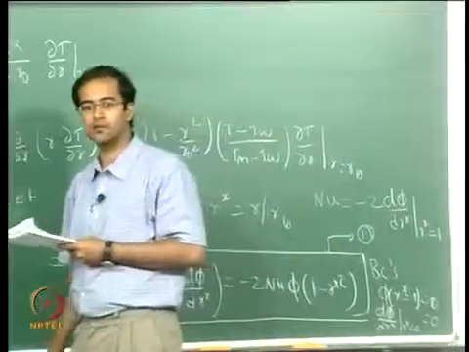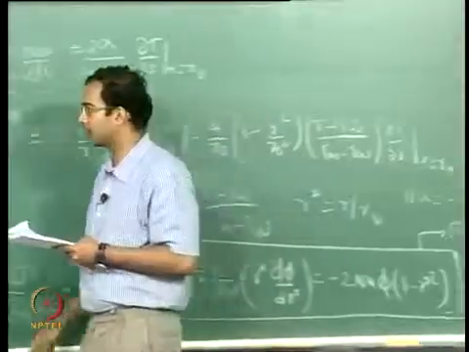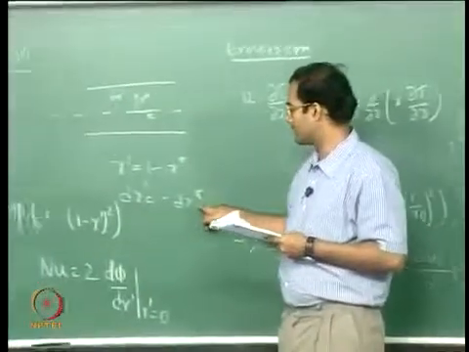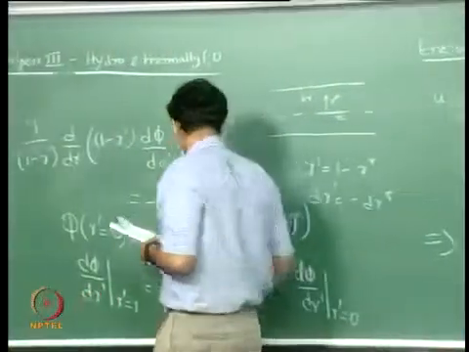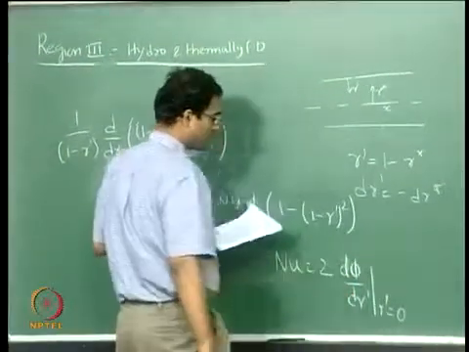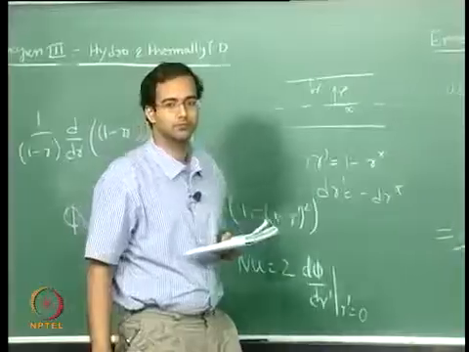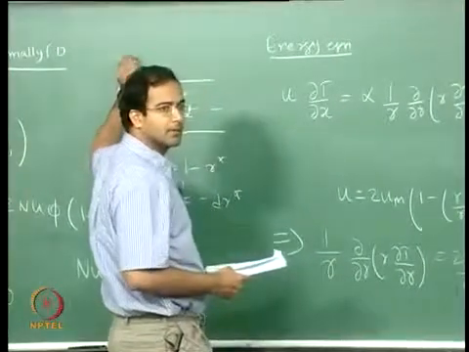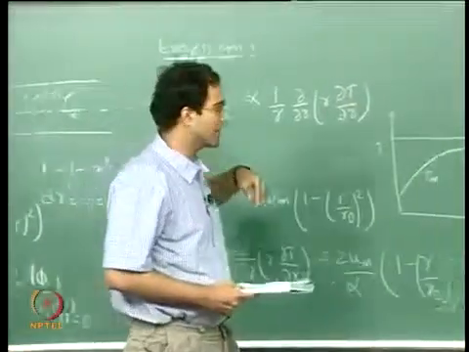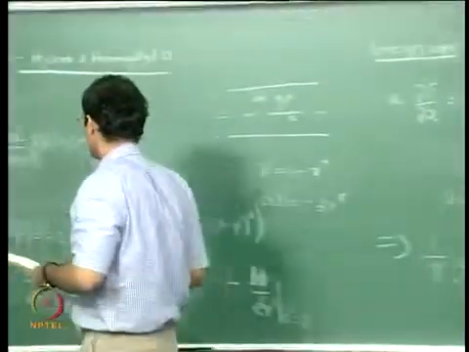Now when you substitute for dr star as minus dr prime, the Nusselt number will be twice d phi by dr prime at r prime equal to 0. So that is starting from the wall and towards the center. So now this equation is easy to be solved by the shooting method.